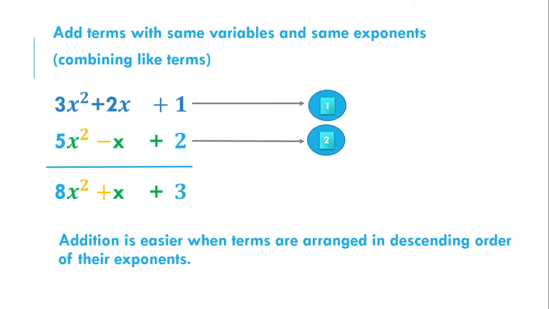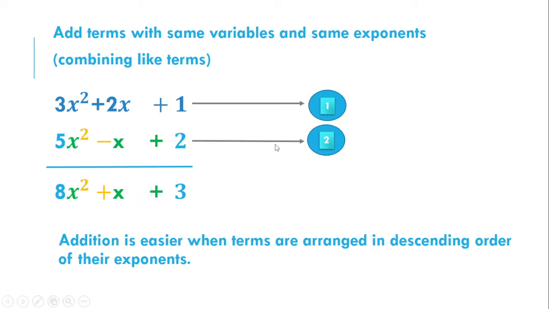We have two polynomials. The first polynomial is 3x square plus 2x plus 1 and the second polynomial is 5x square minus x plus 2. In this case, we have three terms for each of the polynomial.